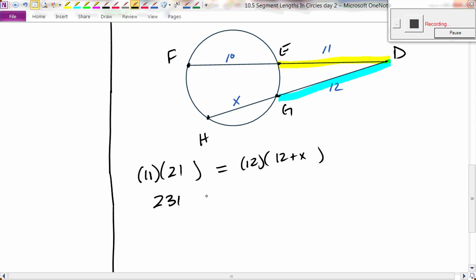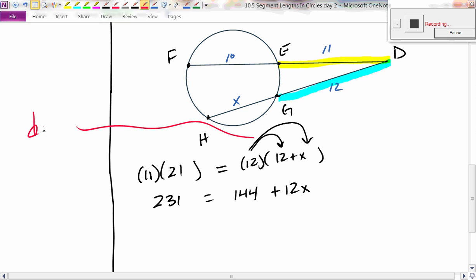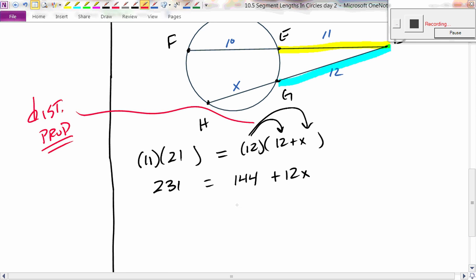So 231 has to equal, distributive property time. Don't forget your distributive property. 12 times 12 is 144, plus 12x. Look at your algebra books. Finishing this up, I'm going to subtract 144 from both sides.